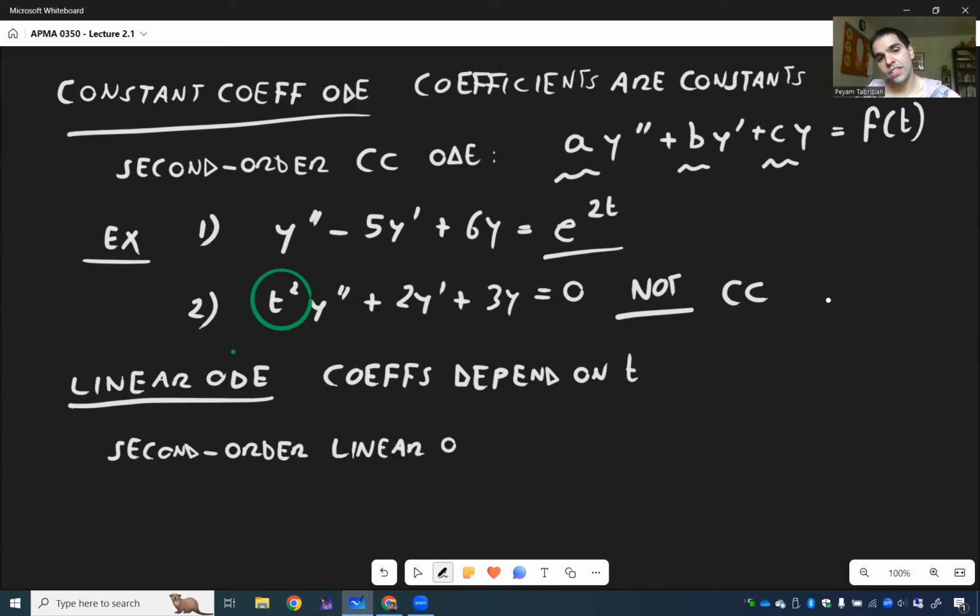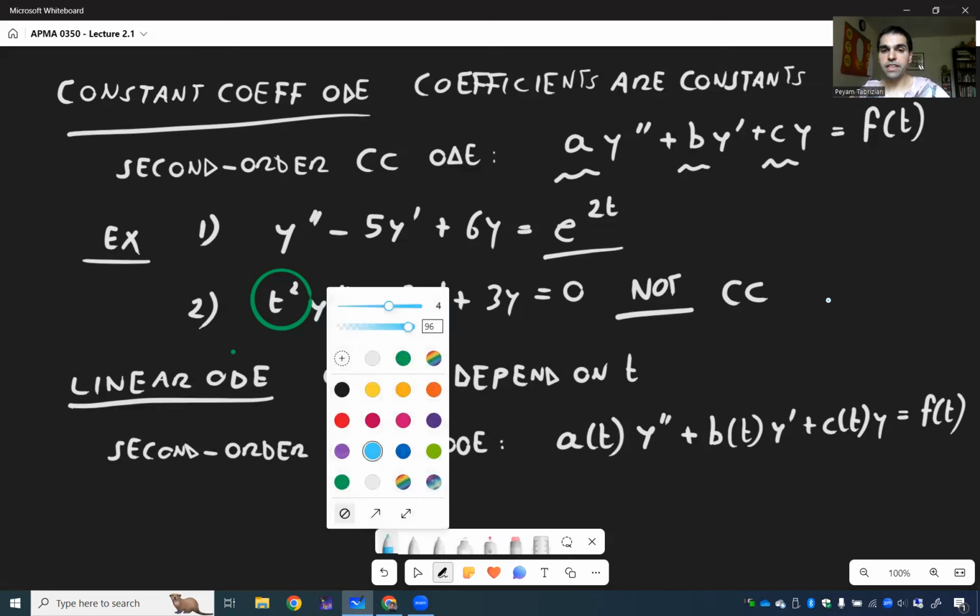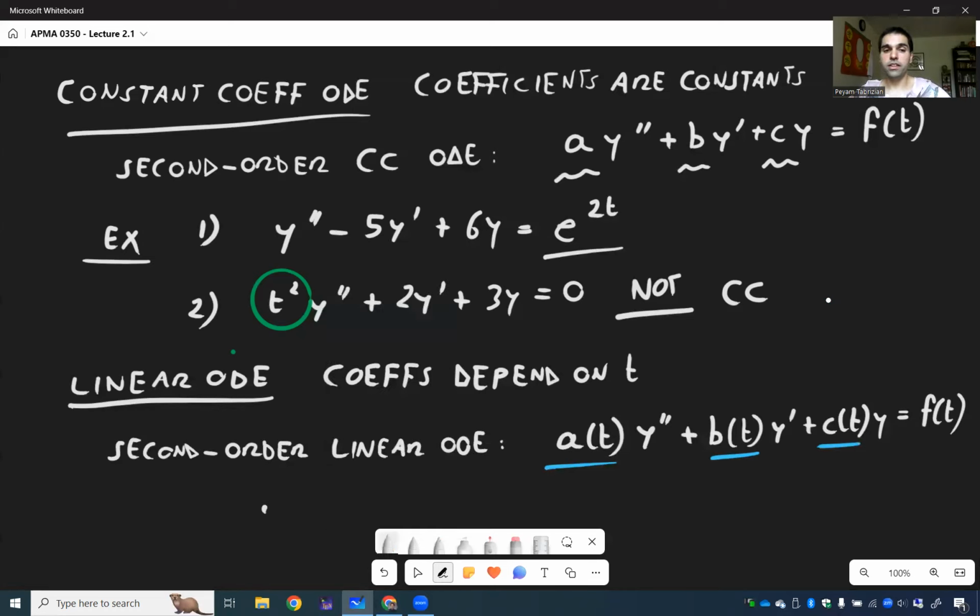Linear ODE. It would have the form a of t y double prime plus b of t y prime plus c of t y equals f of t. Okay. So same thing as before, except this time the coefficients in front of y double prime, y prime, and y depend on t. So for instance, a couple of examples.